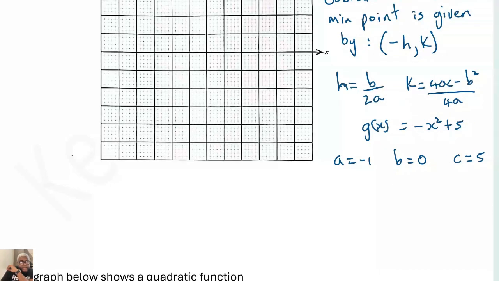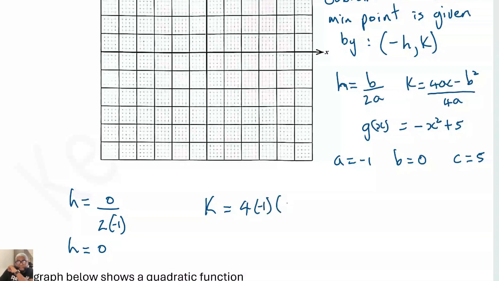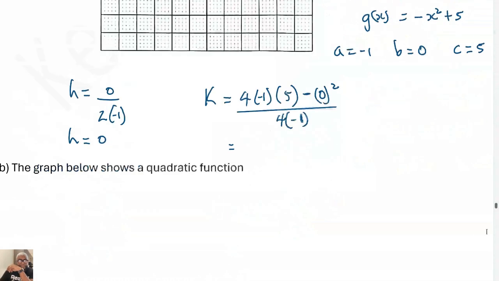So let's work. Coming on this side here, h should be equal to, what is b? b is 0, over 2 times negative 1, which works out to be 0. h is 0. And then k will be 4 times negative 1 times 5, minus 0 squared, all over 4 times negative 1.